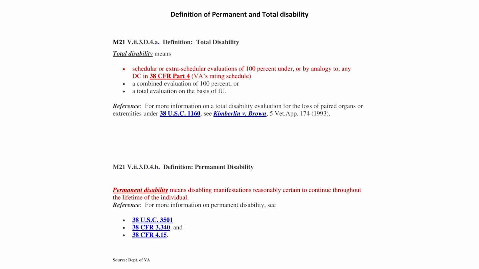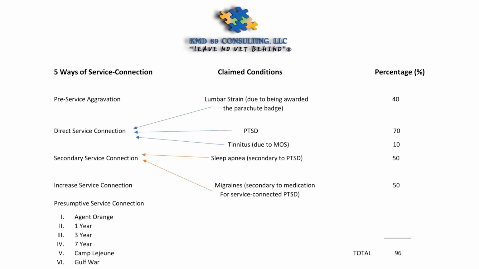Okay, now, slide number 2. Here in slide number 2, I put together, on the left, the 5 ways of service connection. In the middle, you see claim conditions, and on the right, you see percentages. A lot of veterans, now, I'm not advocating that everyone go out there and do these things and it's guaranteed that you're going to get 100%.